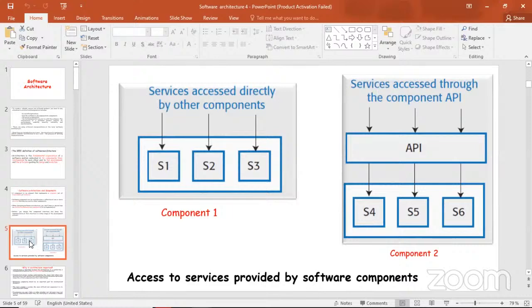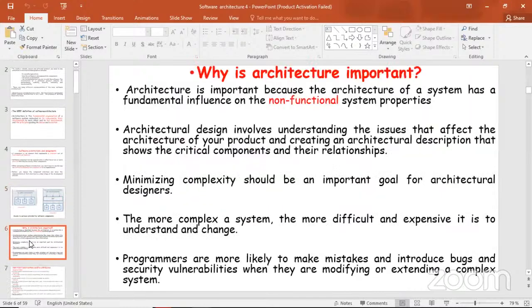In the first diagram, the services are accessed directly by other components, so there's no interface between them at all. There's direct access to the services provided by this software component. But the other one has to go through an API before the services are accessed.